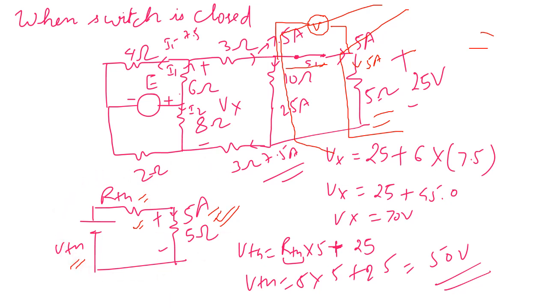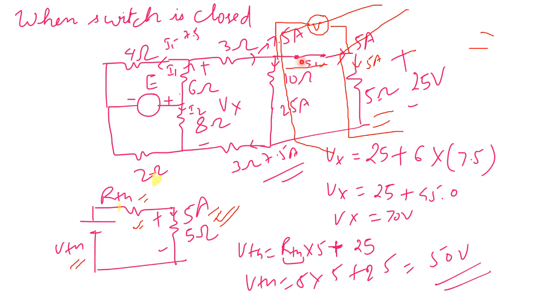Now in the second case, this switch is open, and this voltage source is open across these two, so the voltage appearing here is VTH.